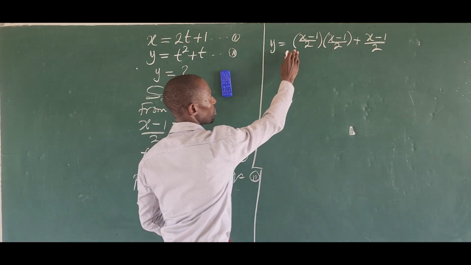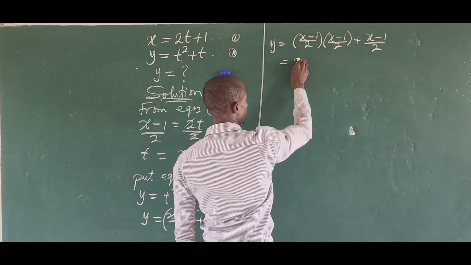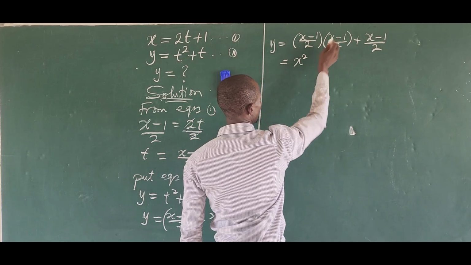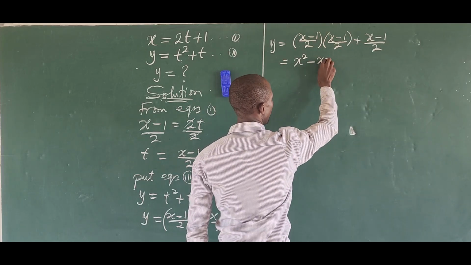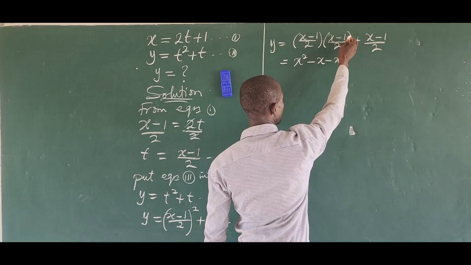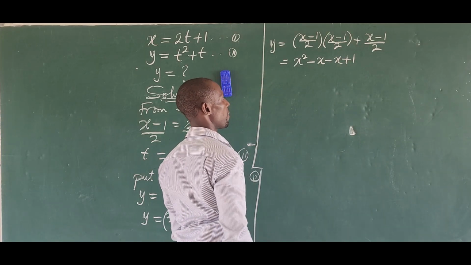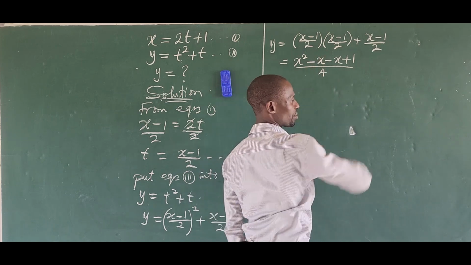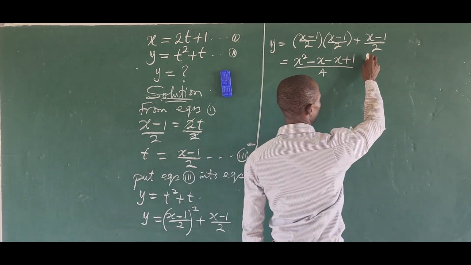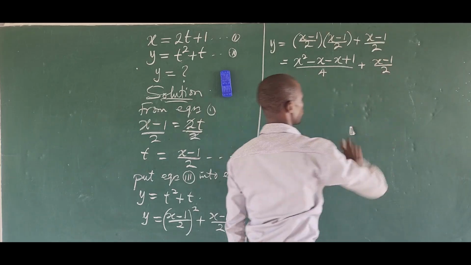If we open this, this will give us x to the power of 2. This will give us minus x. We come to this term. This will give us minus x. This will give us minus times minus, which gives plus. So we have plus 1, everything all over 4, 2 times 2 here, right? On this other side, we still have x minus 1 all over 2.